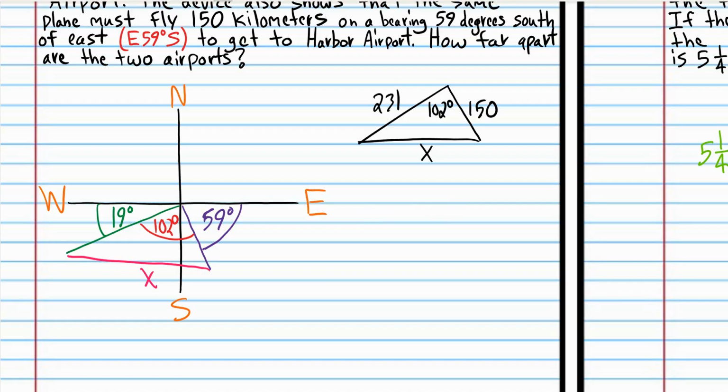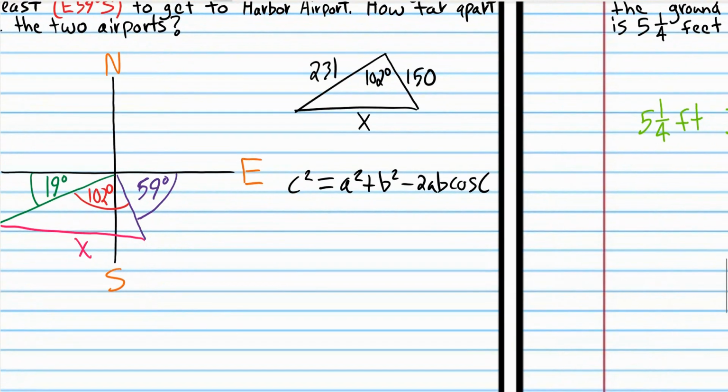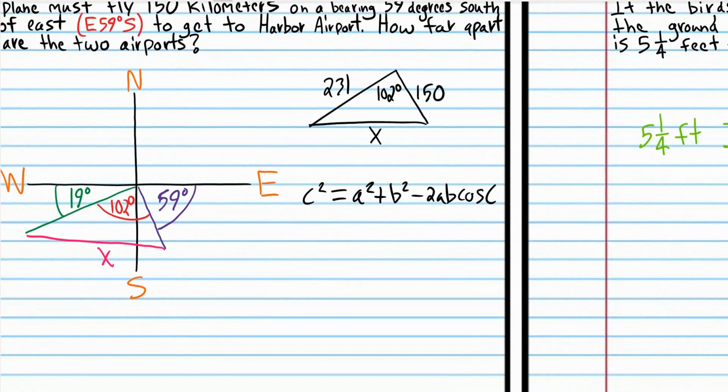And if you want, we can write that. There's three versions. They're all pretty much the same thing, just depending on how you label the triangle. But we'll use C for X. And so we're going to plug in numbers. Whoops. We need a 2 there.